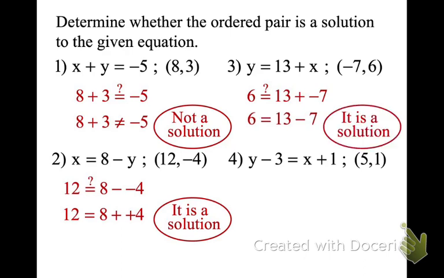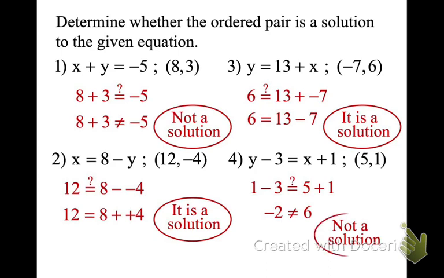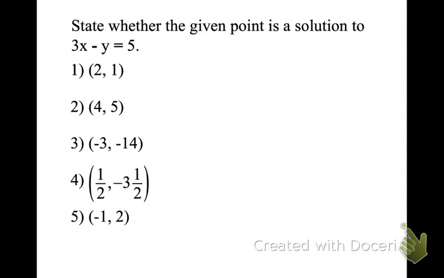And next I'm substituting 5 for x and 1 for y, and we're going to see that would be negative 4, and that's positive 6, so it's not a solution. Negative 2, sorry. Not a solution. All right, we can pause it and try it again.